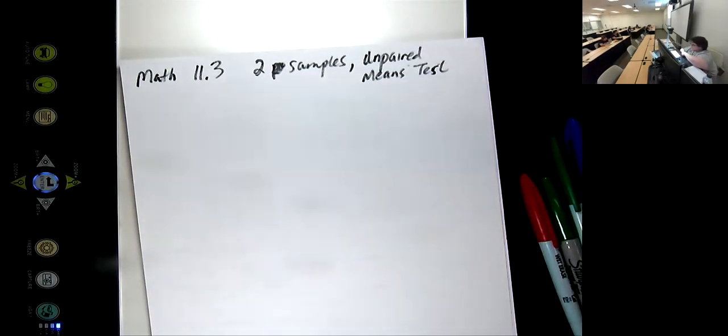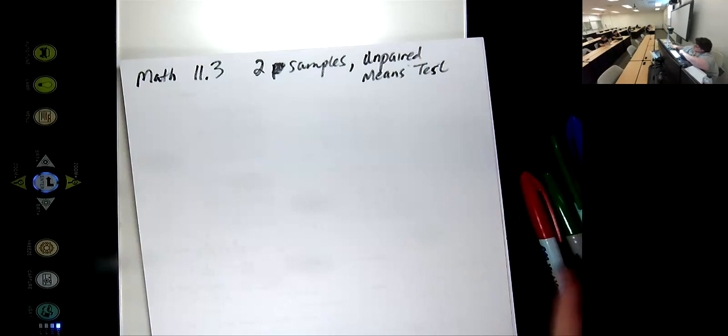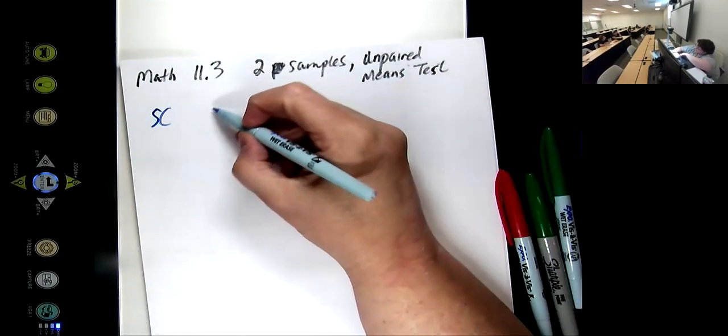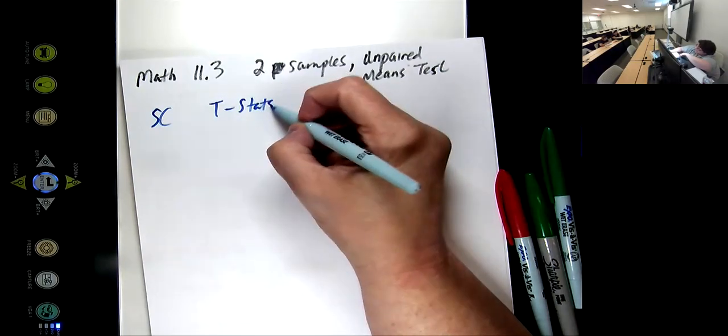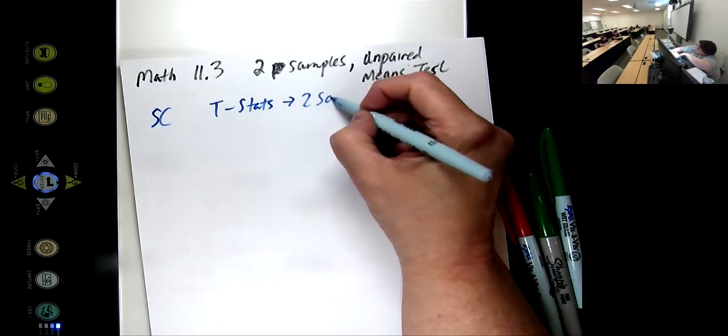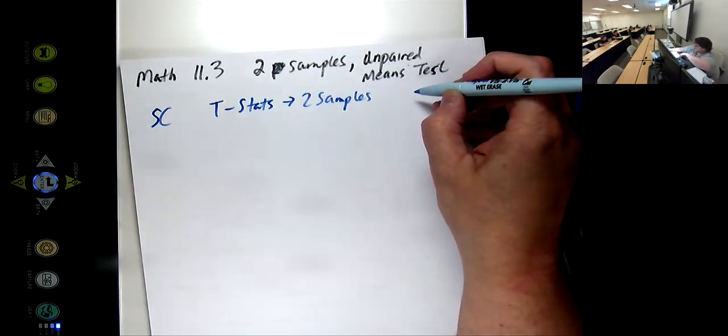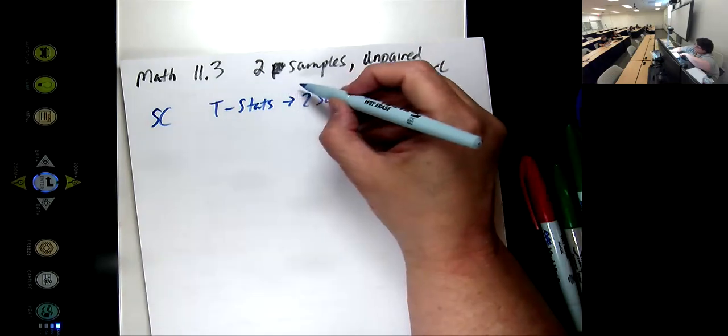So under StatCrunch, for T-stats, you'll see a sample.